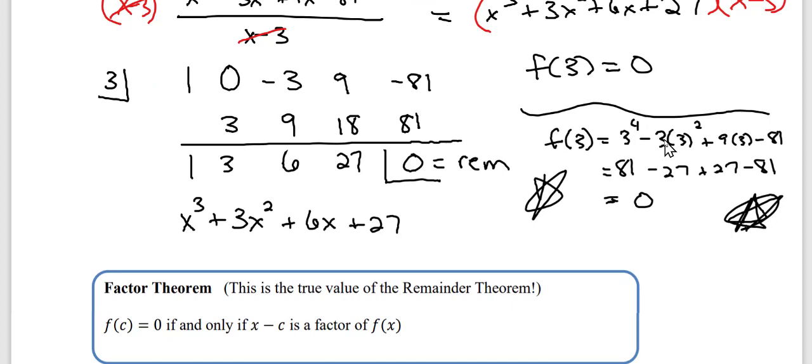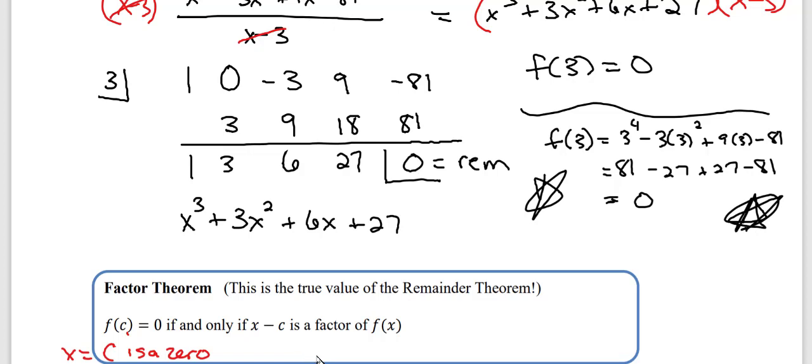So what we get here is f of c equals 0, meaning, by definition, x equals c is a 0 of f of x if and only if x minus c is a factor of that.